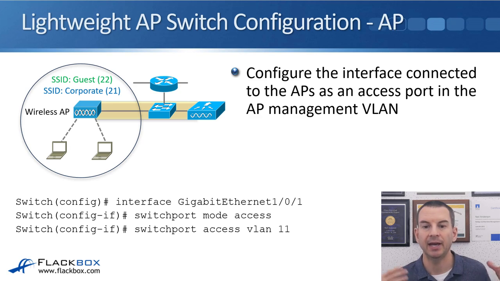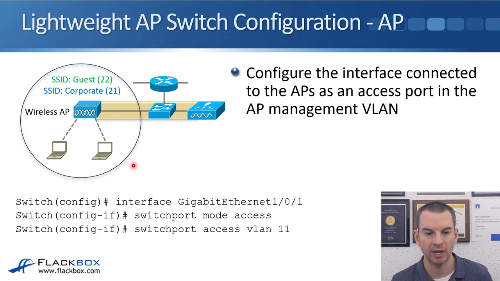Then lastly, I need to do my configuration for the switch port which is connected to the AP. The configuration there, I say interface gigabit Ethernet 1/0/1, switchport mode access, and then switchport access VLAN 11, which was the AP management VLAN.